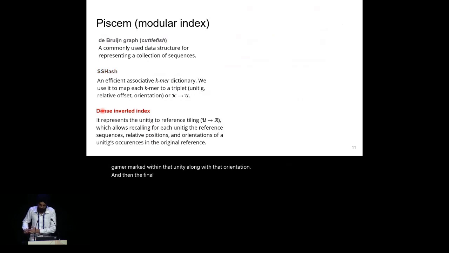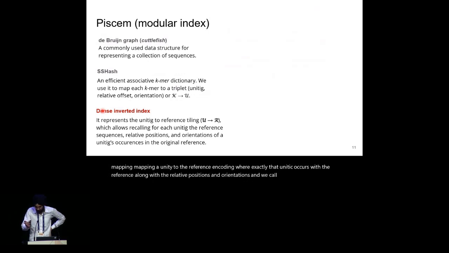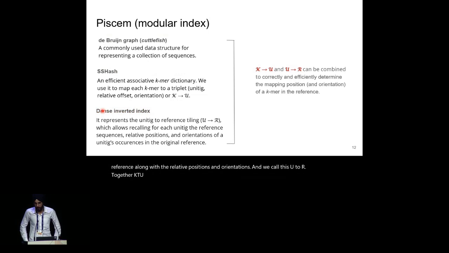The final component of this index is a dense inverted index, which is used for mapping a unitig to the reference, encoding where exactly that unitig occurs within the reference, along with the relative positions and orientations. We call this U to R. Together, K to U and U to R can be stitched together to extract where exactly a k-mer maps within the reference.